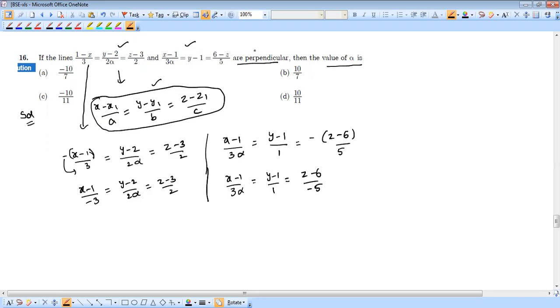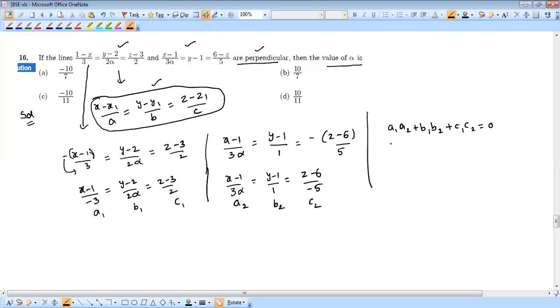And he said they are perpendicular. The perpendicular condition is a1 a2 plus b1 b2 plus c1 c2 equals 0. See, what are a1 a2, b1 b2, c1 c2 here? These are the denominators: a1, b1, c1, a2, b2, and c2.